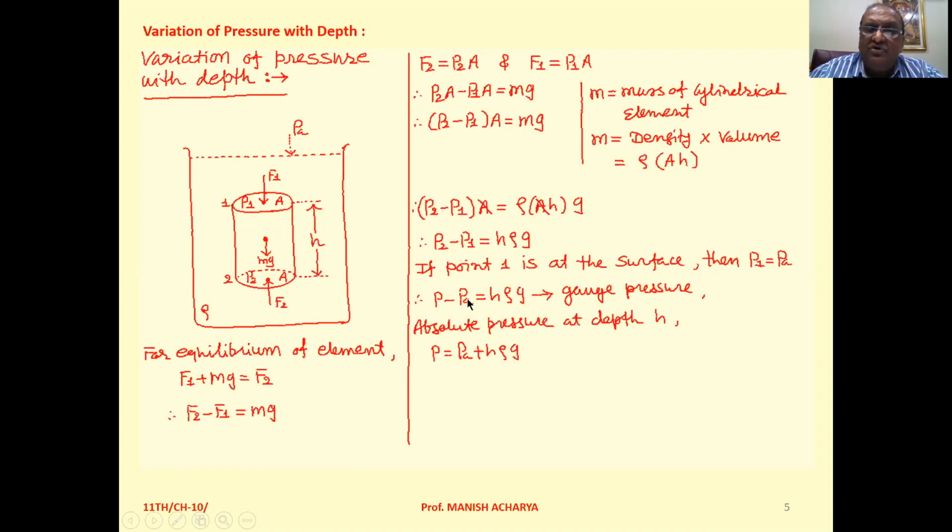That is the absolute pressure in the fluid at depth h. So in this way, with depth, the pressure of the fluid changes. Or in other words, any fluid column with height h exerts the pressure in the downward direction, that is h rho g. Clear to all of you?